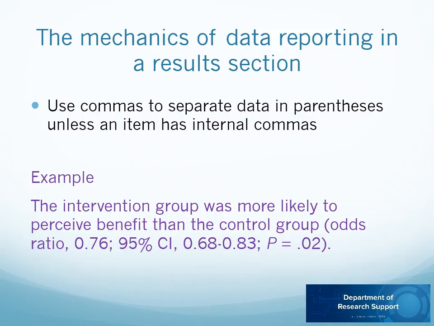However, when the convention for reporting a specific type of data includes the use of a comma, as for the odds ratio and confidence interval in the example, then the semicolon is used between each type of reported data in the parentheses. The semicolon helps readers visually group which numerical data applies to which data type.